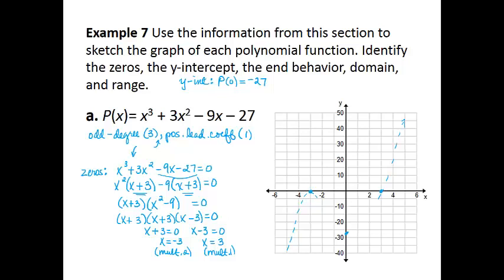I showed more points in the table in Top Hat. So for instance, one of the points that I found in Top Hat was -1, -16, and I also found the point 1, -32.